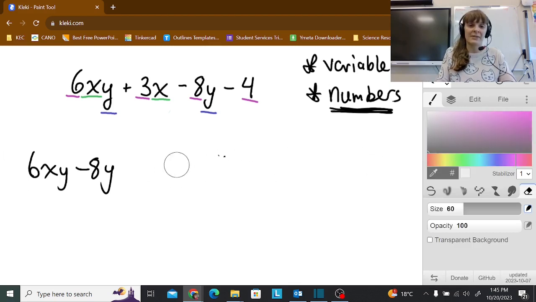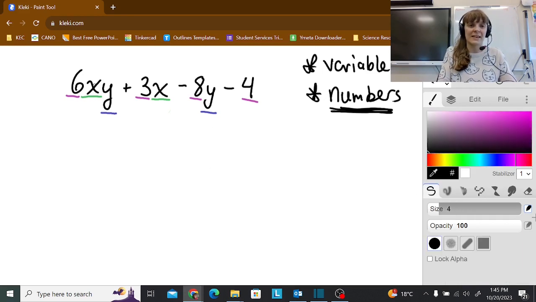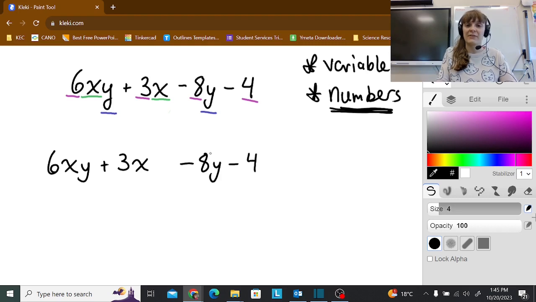So I am going to have to go ahead and group the 6xy with my 3x. And then I'm going to group my negative 8y with my negative 4. So here I have a common factor with my x, but I also have a common factor if I look at my numbers.